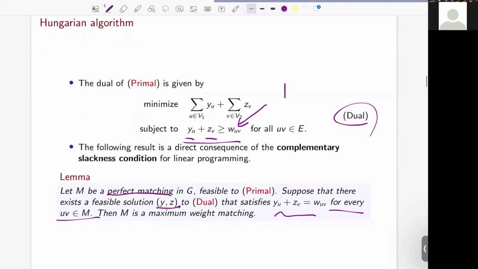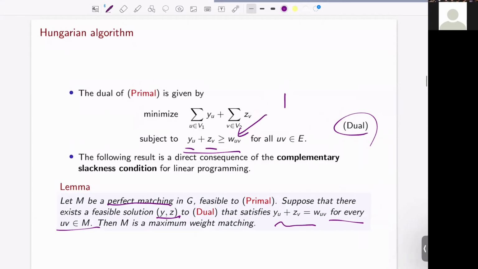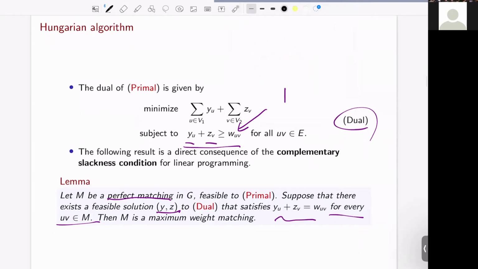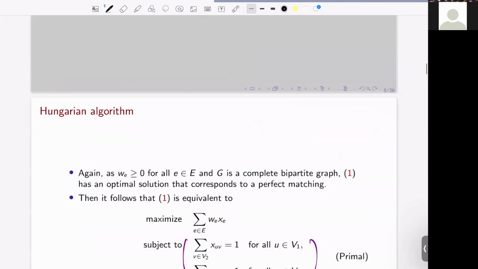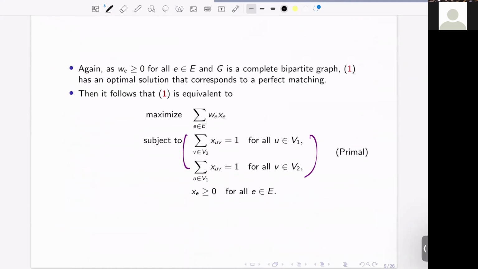And then before I get to the proof, let me just mention the complementary slackness condition for those of you who are aware of linear programming. So complementary slackness is, basically I have equality constraints right here. So I'm okay with that.